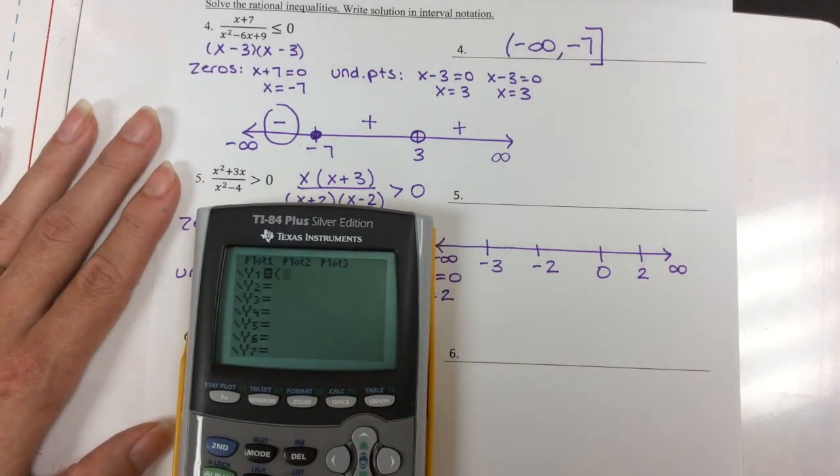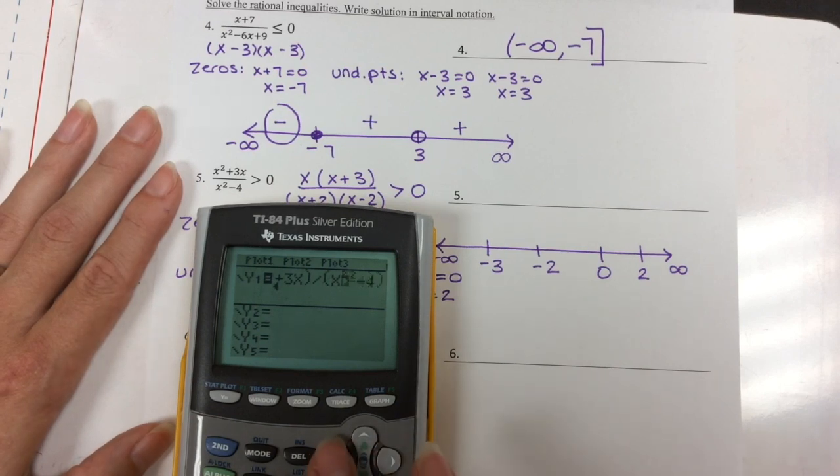So parentheses x squared plus 3x, close parentheses, divided by x squared minus 4. Ooh, I need a parenthesis there. I did that wrong. So parenthesis, here we go. I think I got it right, but let me double check. I'm not trusting myself. Okay, looks good to me.